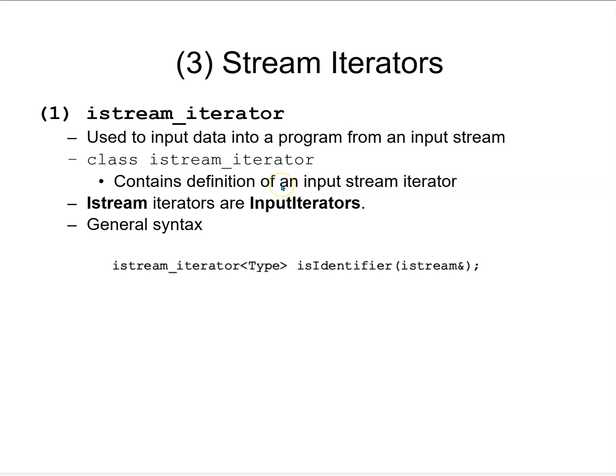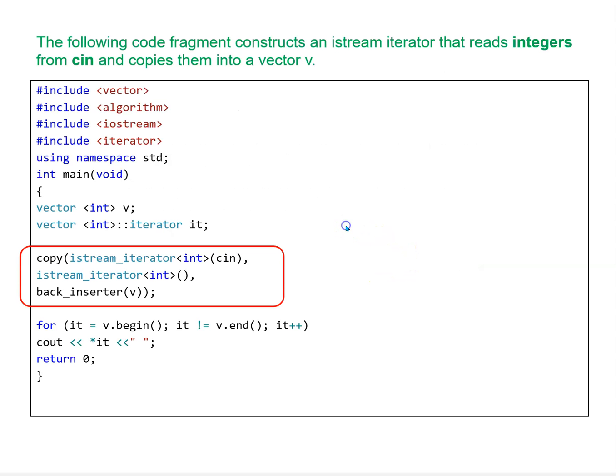So stream iterators are used to input data into a program from an input stream, and they can use an istream iterator, which contains the destination on the input stream. These are input iterators, and the syntax is istream_iterator identifier.